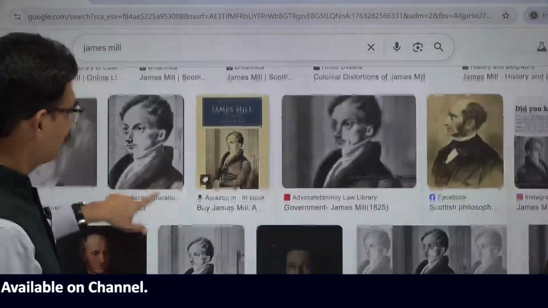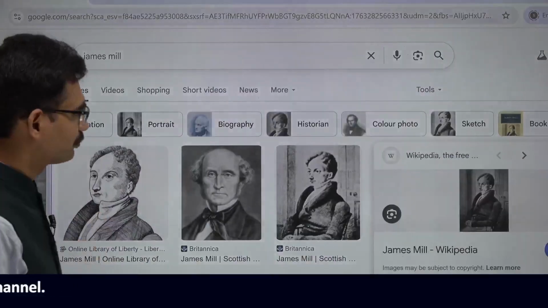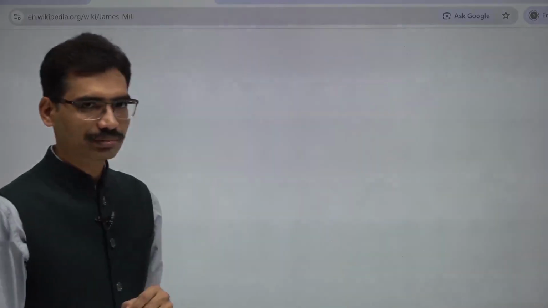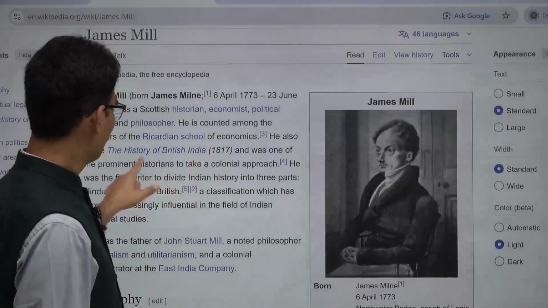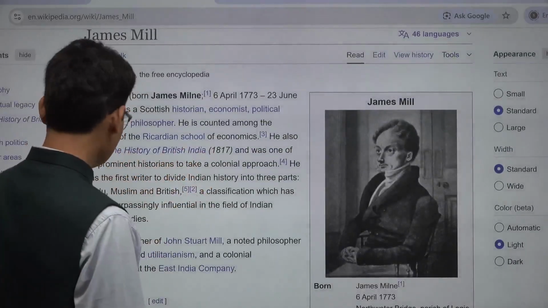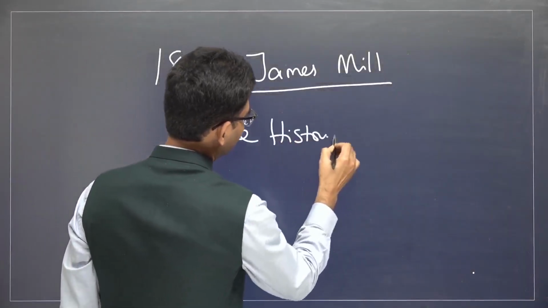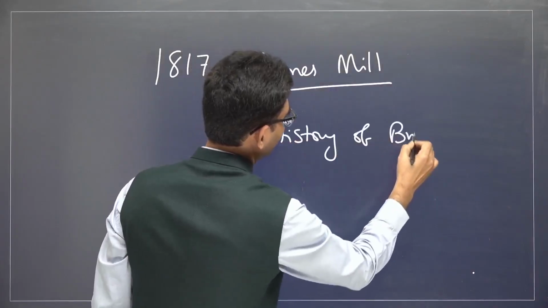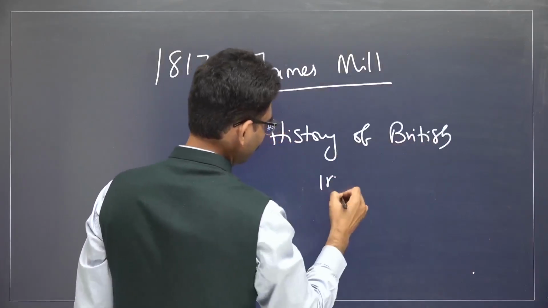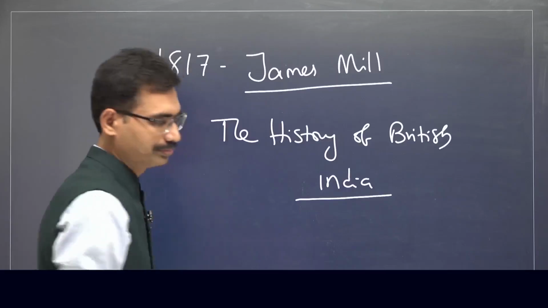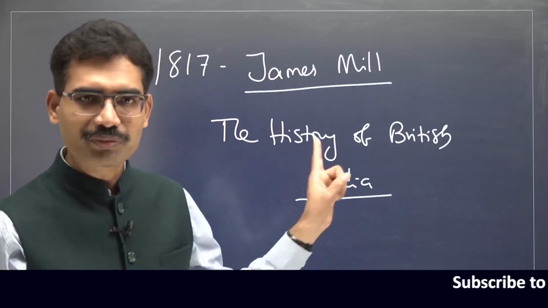Because of this, the divide and rule policy is also going to start. Remember, another prelims question: The History of British India, 1817.